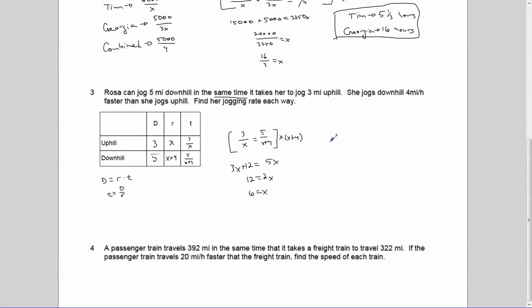So her jogging rate uphill is 6 miles per hour, and downhill it is 10 miles per hour, because downhill the rate is x plus 4, so 6 plus 4 is 10.